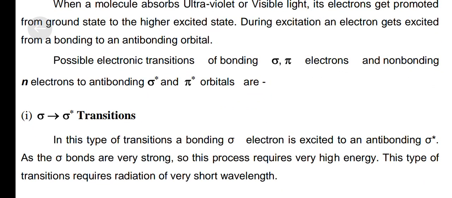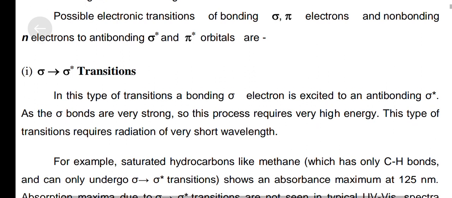In this type of transition, a bonding sigma electron is excited to an antibonding sigma star. As the sigma bonds are very strong, this process requires very high energy. This type of transition requires radiation of very short wavelength.